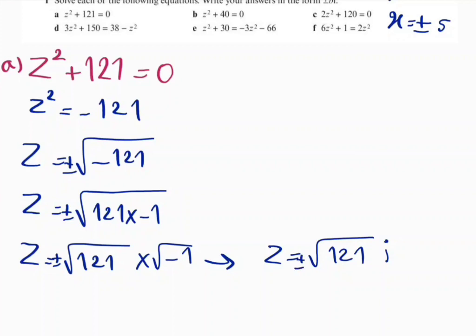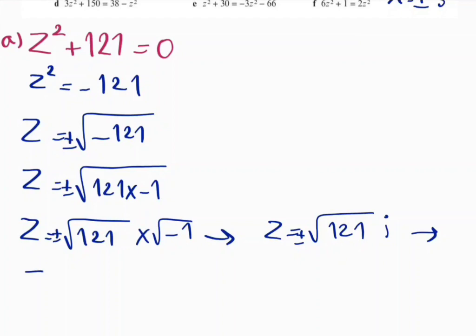Now we can simply take the square root of 121 and we are done with the question. Root 121 is 11, so it's plus or minus 11i.